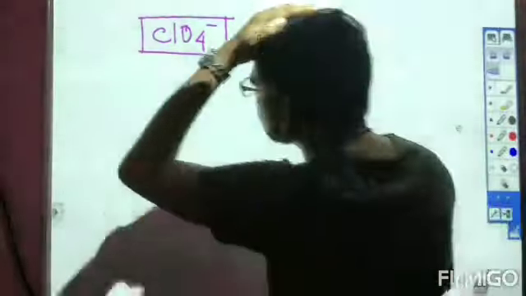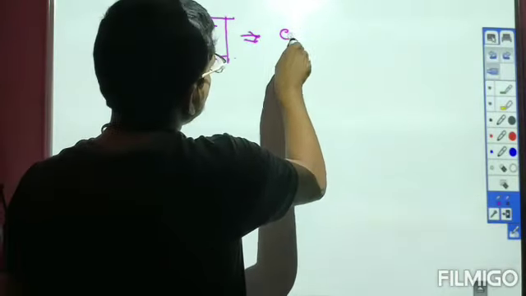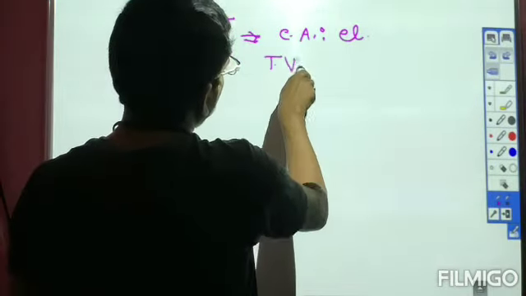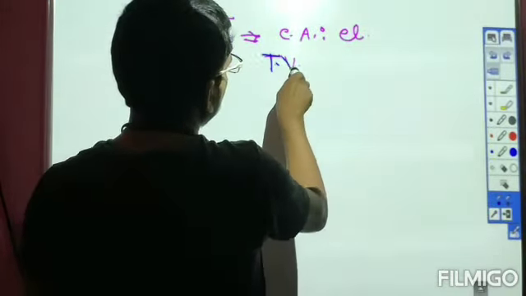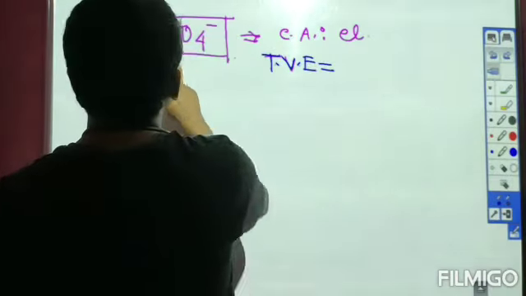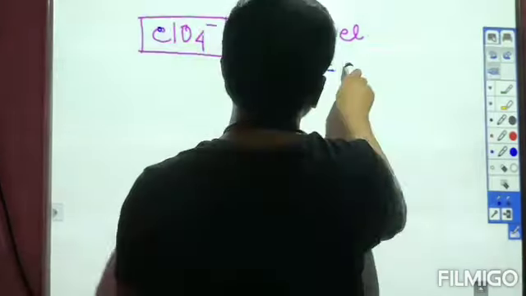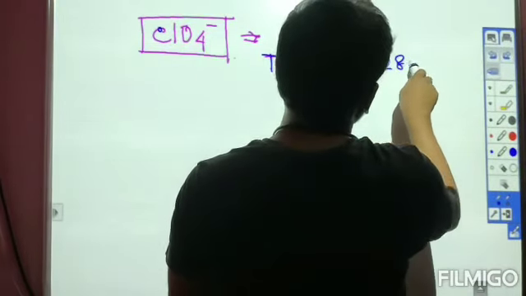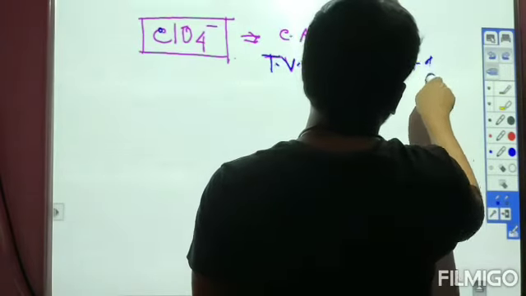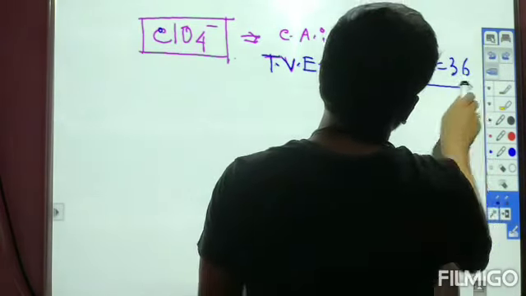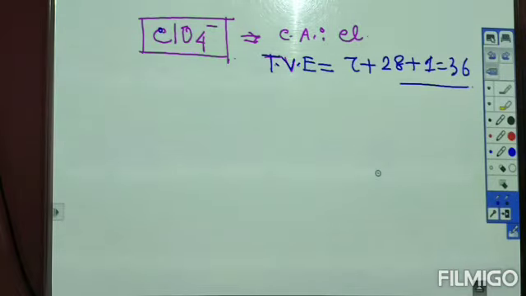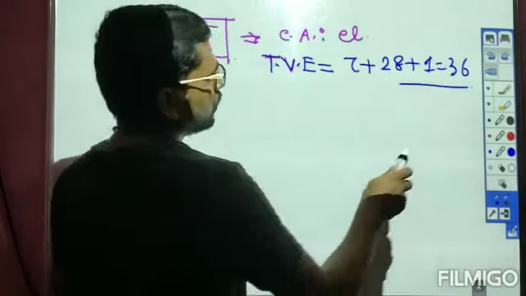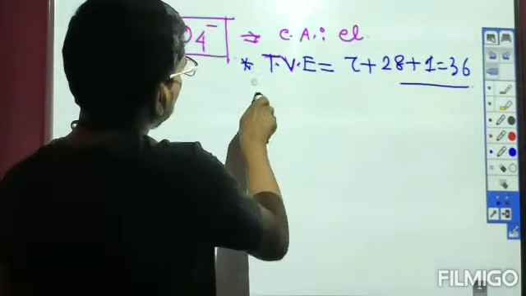Central atom is Cl. Total valence electron: 7 plus 8 plus 1, 36. Total valence electron 36. Now count lone pair of electron.